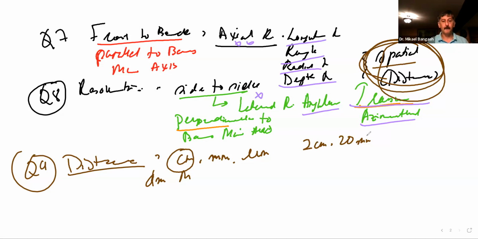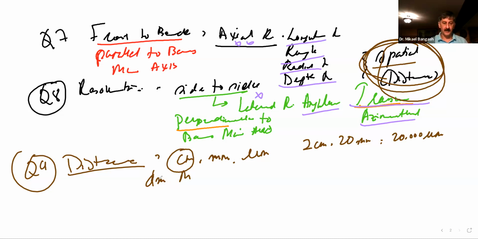Clear? That same 2 centimeters, which is 20 millimeters, is the same as 20,000 micrometers. Clear?